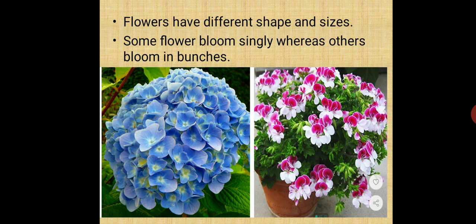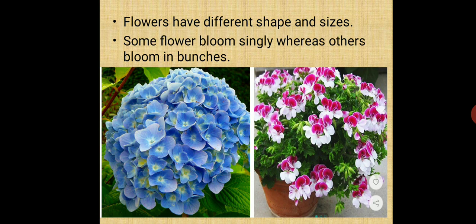Flowers have different shapes and different sizes. See, the flower of rose is different, the flower of champa is different, the flower of chameli is different, different size, different shape, isn't it?